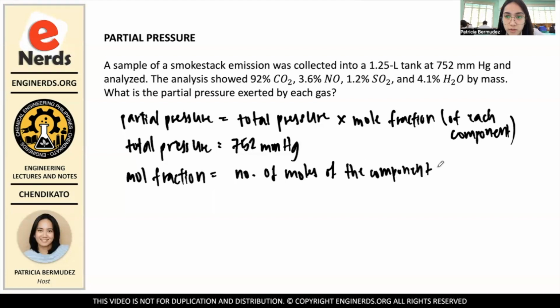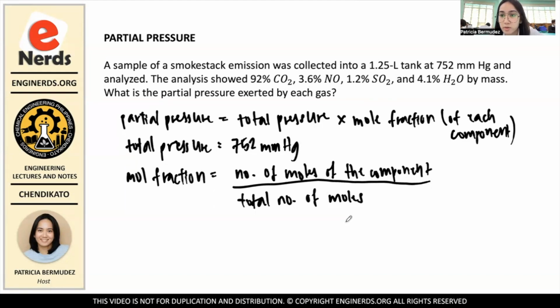When we say component, we say one of these, either carbon dioxide, nitrogen oxide, sulfur dioxide, or water. And then all of that is divided by the total number of moles in the sample. So it's total number of moles. And how do you find the total? You just add the individual number of moles of each component.